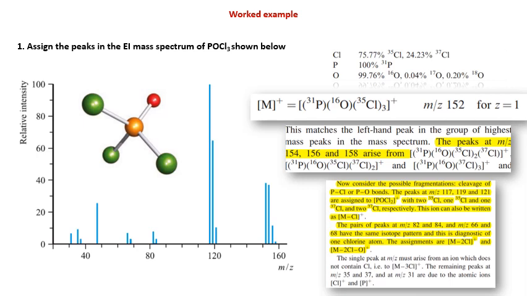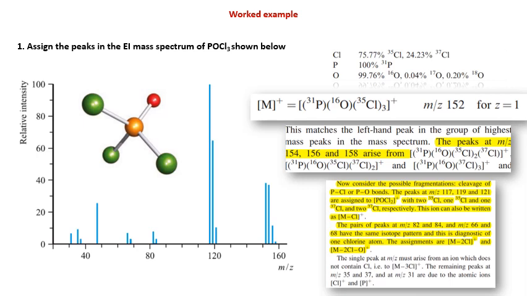Around this region, at the most right hand side, around the 160 region, there are four peaks. From left to right, the first one is 152, the second one is 154 with a similar relative intensity, then a very small intensity at 156, and then a very small peak at 158.